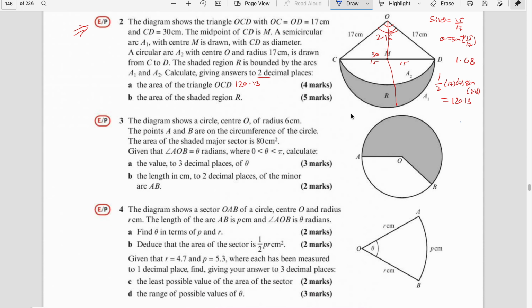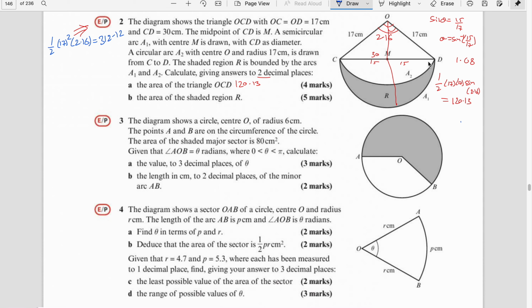Now in order to do that, I may find the area of this sector in white, that is 1 by 2 R squared theta. So for O, C, arc A2, D and O, this is 0.5 times 17 times 17 times 2.16, and the area is 312.12.